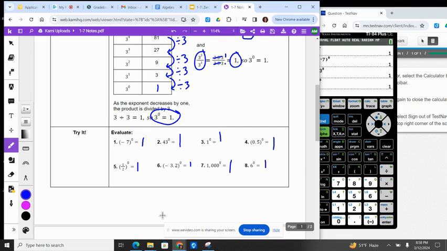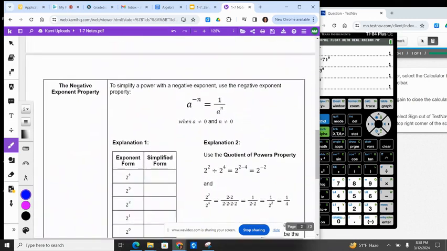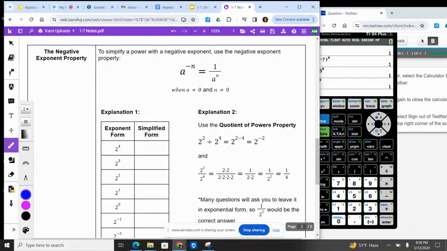We are going to now talk about one more property, our final property, the negative exponent property. So this is our 6th one we are learning so far. We did 4 yesterday, and we're doing 2 today. The negative exponent property says, basically, if you ever run into a negative exponent, the laws of math say that's not completely simplified.